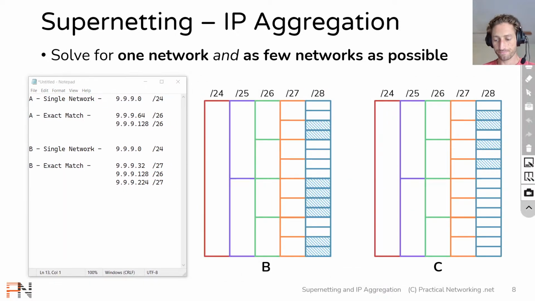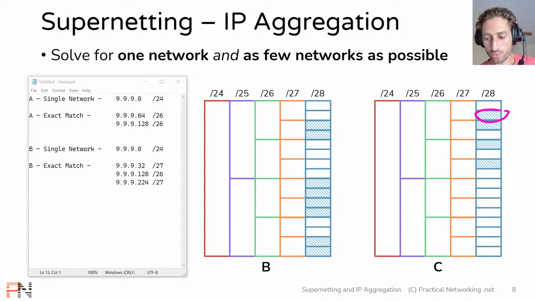And finally, C, the most tricky of the set. This /28 actually can't be summarized because the /27 would be too much. This /28 also can't be summarized because the /27 is too much. Same thing here and same thing here. So if we were trying to summarize as exact match, I cannot summarize these any smaller than they are.